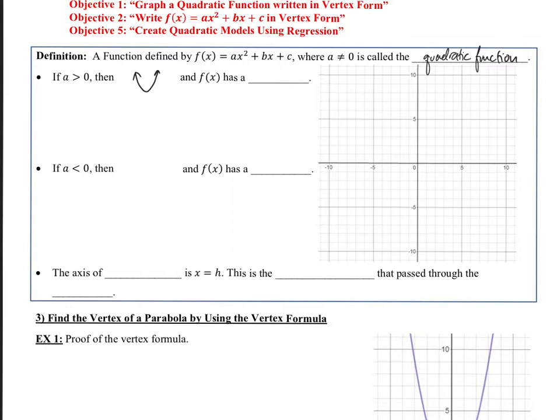You'll notice in word problems, occasionally, the word minimum or maximum will appear. If you hear those words, more than likely you're working with a quadratic function and you're looking at the vertex. Okay, keep that in mind for word problems. Minimum or max, think of the vertex. So if we have a quadratic equation with a greater than 0, opening upwards, f of x has a minimum.